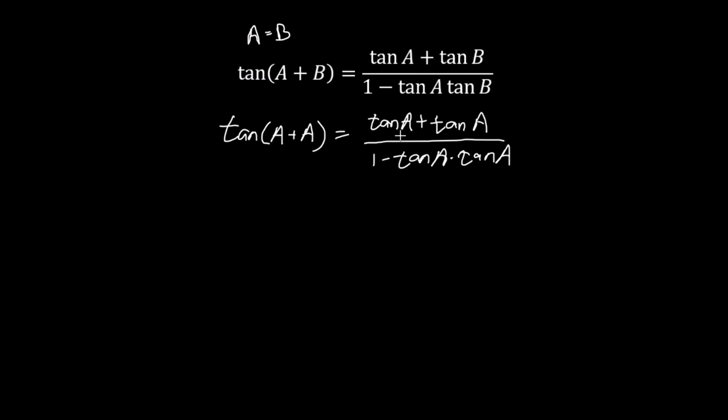Now, if you'll notice, again, we have something plus something, which means in the numerator, we're going to have 2 tangent of A. Down here, we have 1 minus, well, tangent of A times tangent of A. Well, if you multiply something by itself, it becomes squared. So this is tangent squared A. Off on the left-hand side, A plus A. Again, that is doubling something.